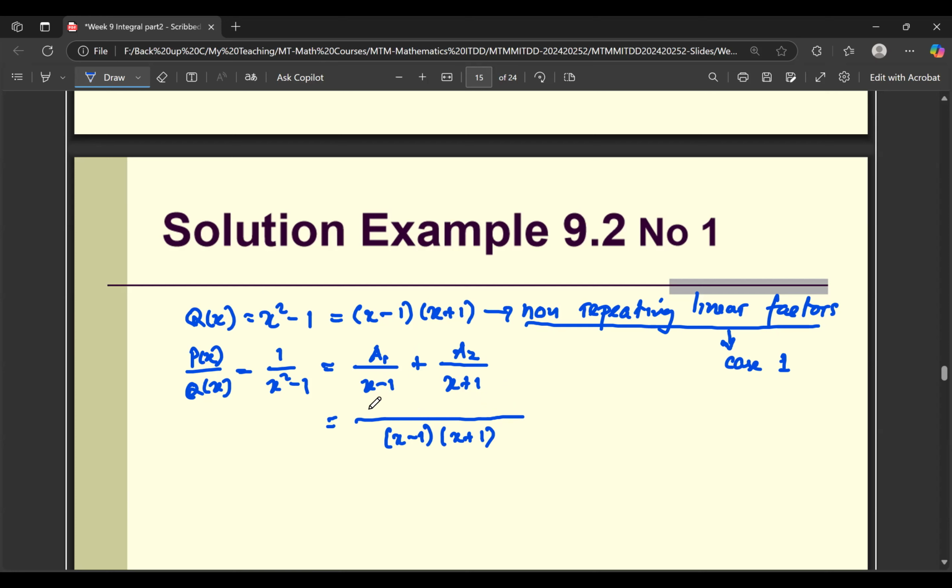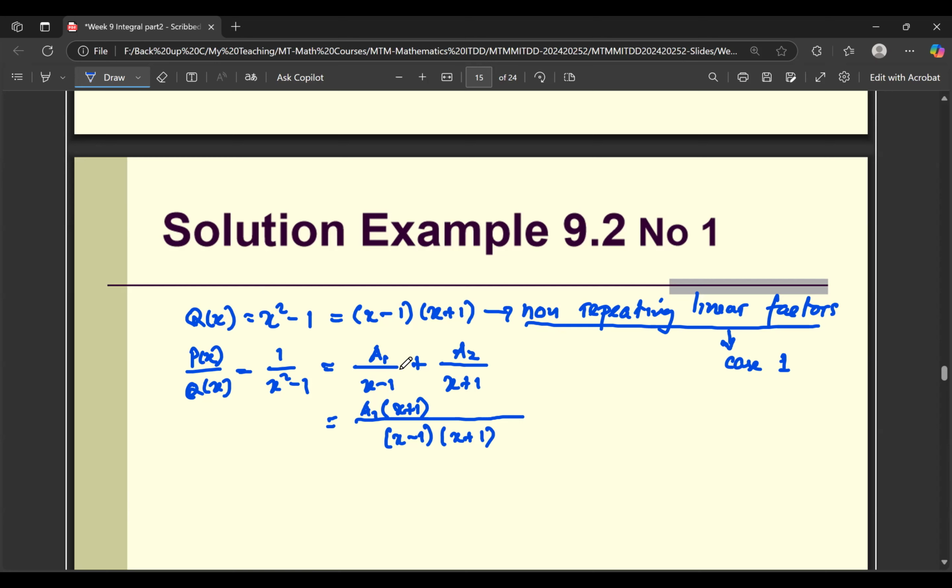So A1 should be multiplied by x plus 1, because then we can cancel out x plus 1.